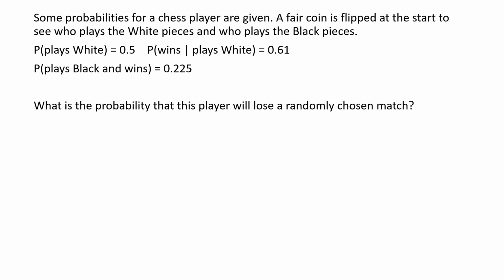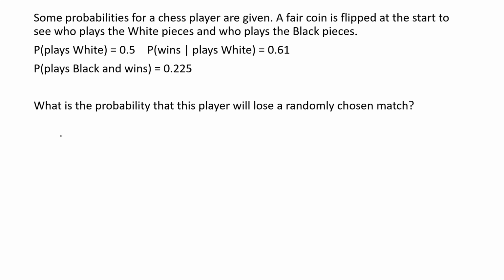And then you have to understand the difference between these two expressions. So when it comes to a tree diagram, the probability that they win given that they play white is 0.61. And the probability that they play black and win is 0.225. And we want to know at the end of this question, what is the probability that the player will lose a randomly chosen match?